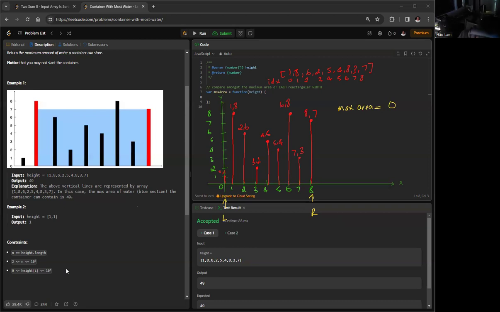So the current area can be calculated using this formula, width times height, which is the area of a rectangle. And the width can be calculated by right minus left. So this one, 8 minus 0, gives us 8.